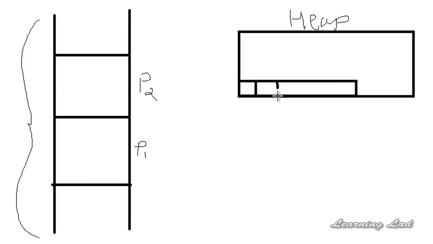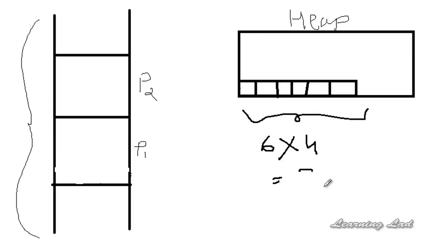So each block is of 4 bytes, and it's gonna be 6 blocks, so 6 into 4, which is each block is of 4 bytes, equal to 24 bytes. So the calloc function is going to allocate 6 blocks each of 4 bytes, and it's going to initialize all these bytes to 0, so that every block will contain a value of 0.